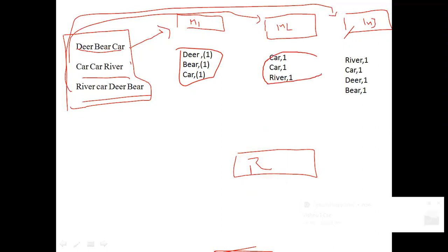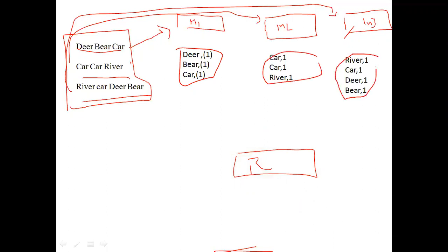Next, what we have to do is give these three outputs of M1, M2, M3 to the reducer. Then what will the reducer do? It will combine these three outputs and try to reduce them.